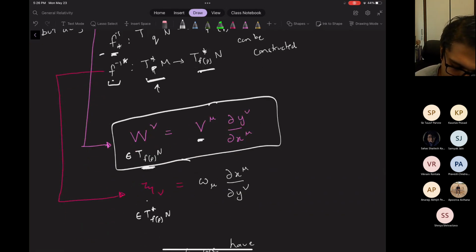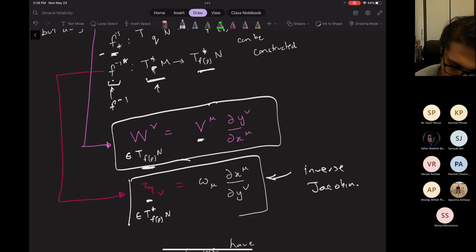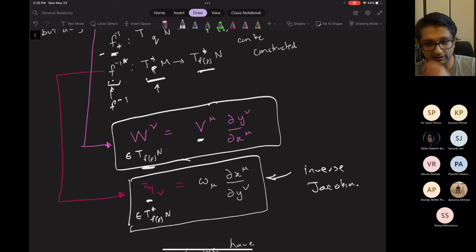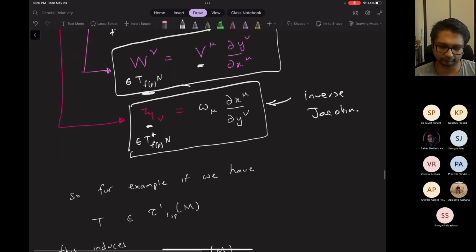So I can now think about xi nu is equal to omega mu partial x mu partial y nu. So this relies on the inverse Jacobian, because I was using the inverse map F inverse here. So provided the inverse Jacobian exists, and we're assuming it exists in every coordinate patch if you have a diffeomorphism, then this mapping will always work.